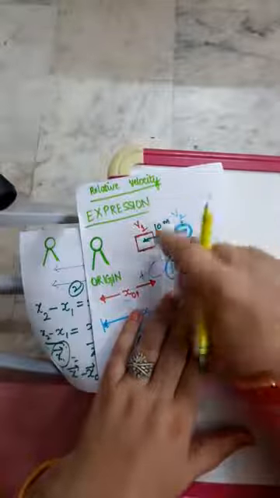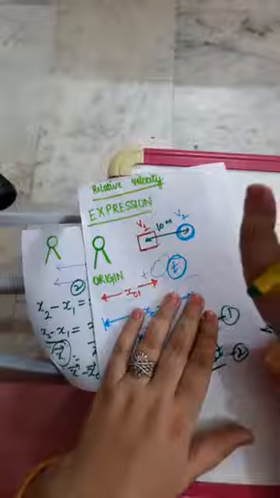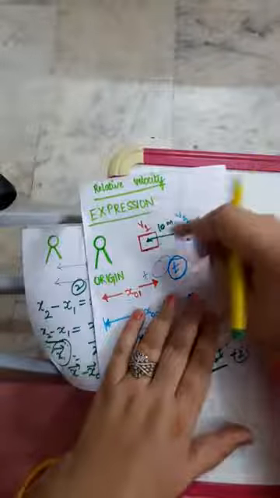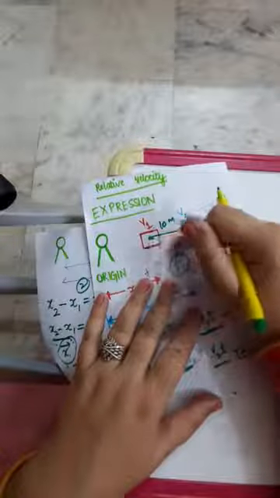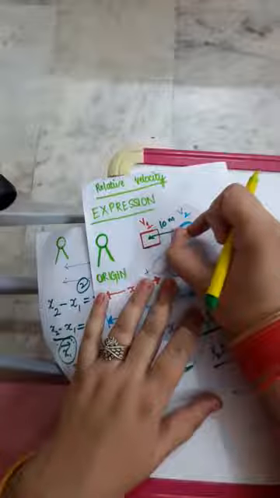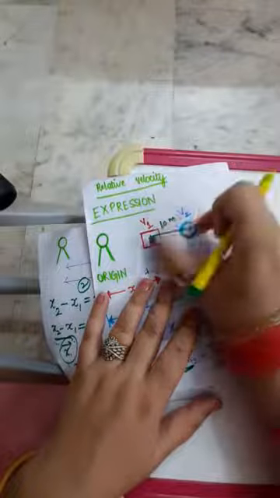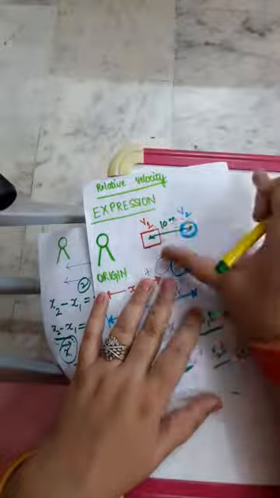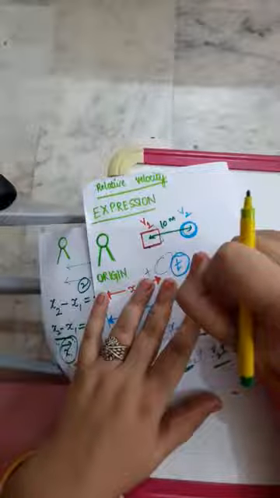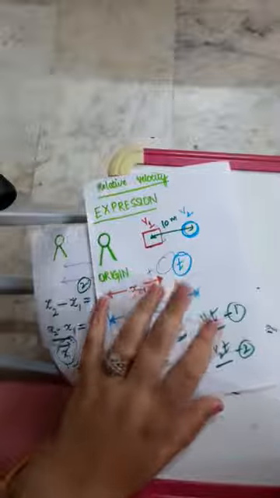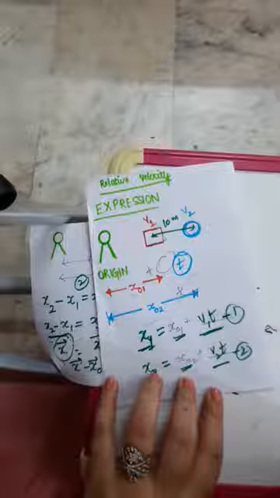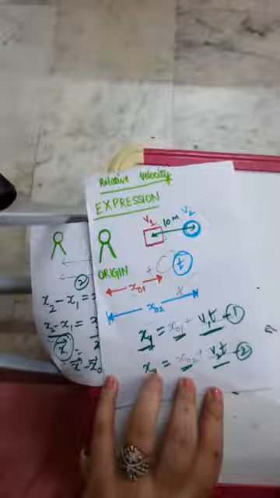Suppose right now they are situated 10 meters away from each other. When these bodies start moving, suppose v1 is more, that means this red body is moving faster. Don't you think this separation of 10 meters will reduce? If v2 is more, that means the blue body is moving faster. Don't you think this separation would widen? The separation between them depends on which one is slow and which one is fast. So this is the expression for relative velocity, and now we'll be drawing graphs for relative velocity.